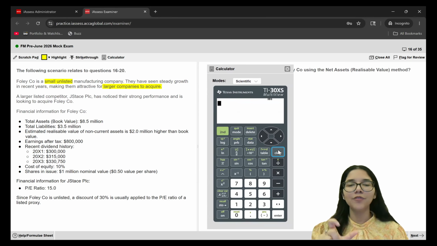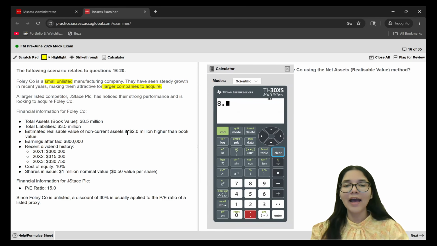Firstly, I need to find out what is the total value of the company, total worth of the company in realizable value terms. Book value I know is $8.5 million, and I had read in the question that the estimated realizable value of non-current assets is actually 2 million higher than the book value.